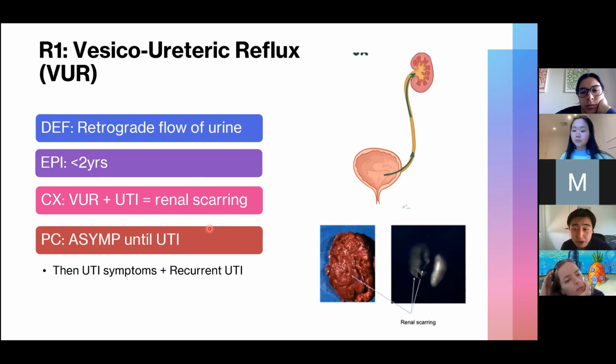So just to drive that point home, for the presenting complaint, patients with VUR are usually asymptomatic until they get a UTI. Once they get a UTI, they get their classic UTI symptoms that I talked about earlier. And once they do get one UTI, they tend to get recurrent UTIs. So these are the main presenting symptoms for VUR.